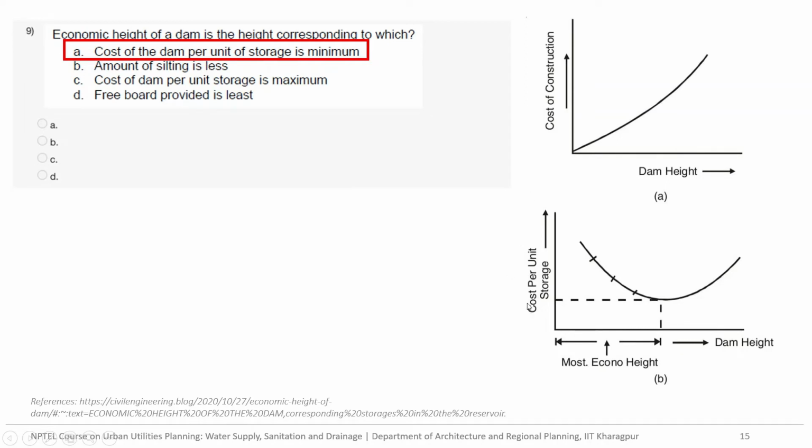However, for the cost per unit storage of water, initially the cost will be dipping, it will reach a minimum, and there will be a point beyond which the cost per unit storage will again rise. So this lowest point where we have minimum cost per unit storage of water, the height of the dam at which this can be achieved is the economic height of the dam.